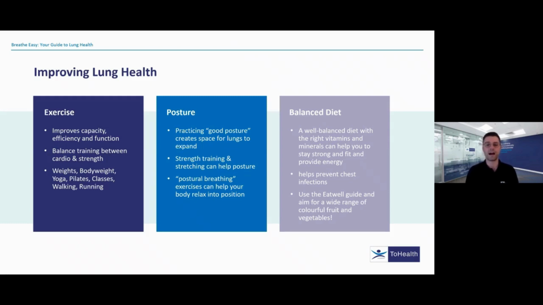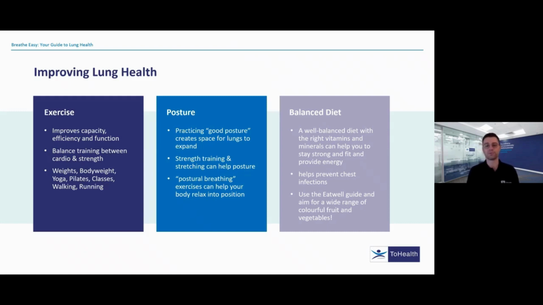So choosing high fiber or whole grain versions, such as brown pasta, brown rice, wholemeal bread, will help you to feel fuller for longer, giving you the added benefit of not wanting to snack as often. But they'll also give you energy for longer because they take longer to break down. They also protect your heart and help digestion. So you're getting a lot of extra benefits by choosing a balanced diet and not only helping your lung function.